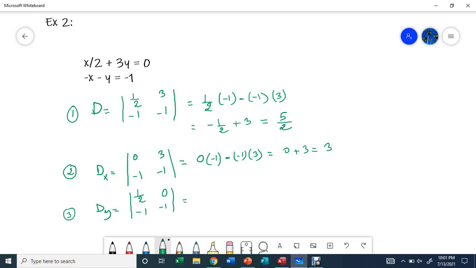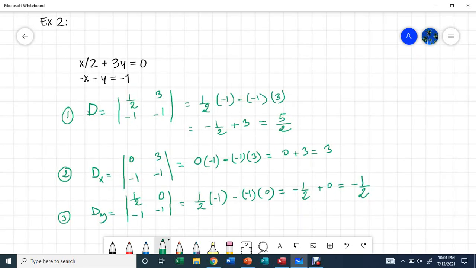So 1/2 times negative 1 minus negative 1 times 0 will be negative 1/2 plus 0. It doesn't matter, plus or minus. It's going to be just negative 1/2.